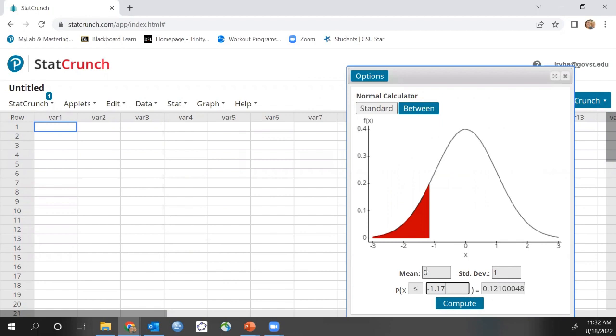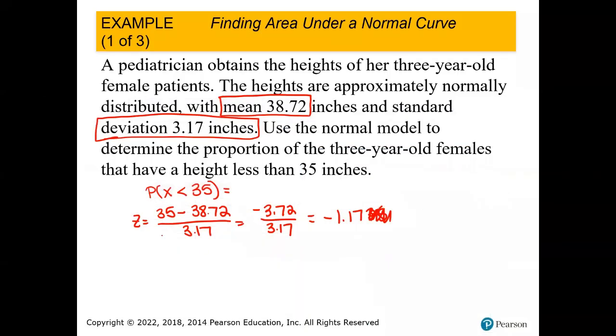Usually the way we do this, it's 2 decimal places for the z value, and we usually go to 4 decimal places for the proportion or probability. So the probability of getting less than that z is 0.1210. Okay, so that's option 1.